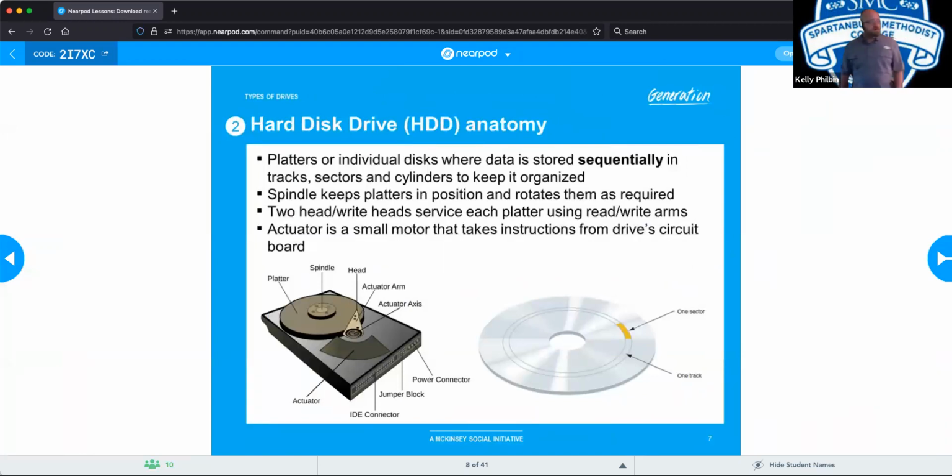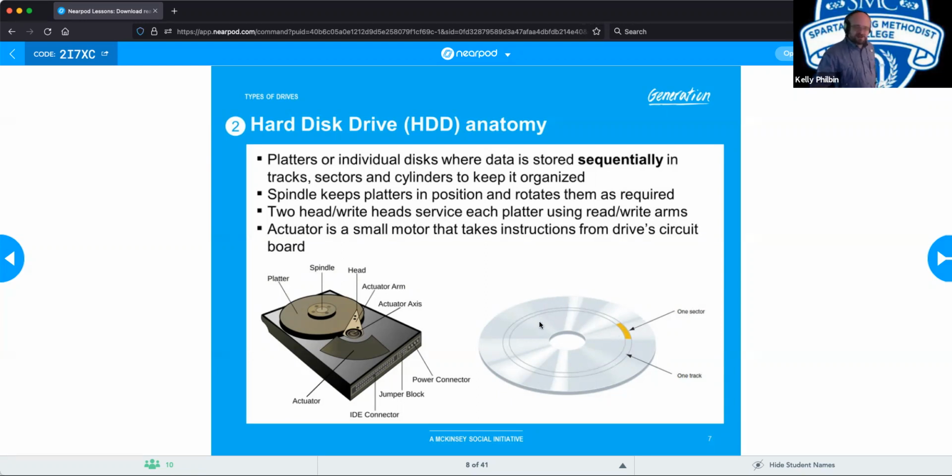HDD, hard disk drive, also called mechanical drives. They operate off of platters, which are these round metal plates that are inside the drive. The data is stored sequentially in tracks, and a track is one of these circles that go around it, kind of like old records.